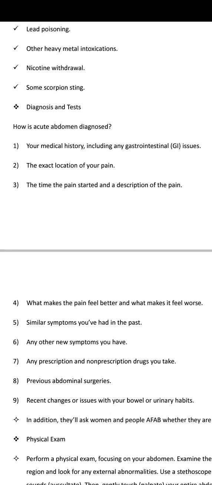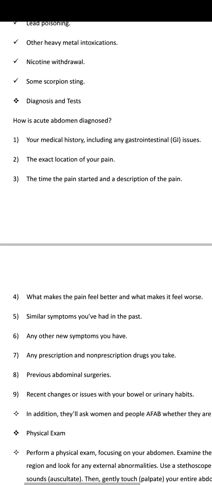So locating the pain on the abdomen, we use the four quadrants of the abdomen, where we draw a transverse line in between the umbilicus and the horizontal one crossing the umbilicus. Then we have formed the left quadrant and the right quadrant, the left upper quadrant and the right upper quadrant. We can also divide the abdomen using the 9 regions of the abdomen to locate the pain.